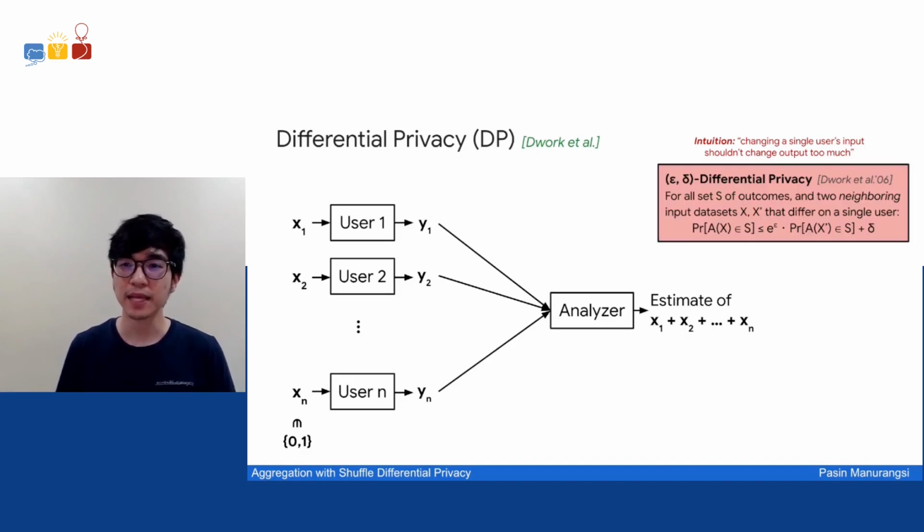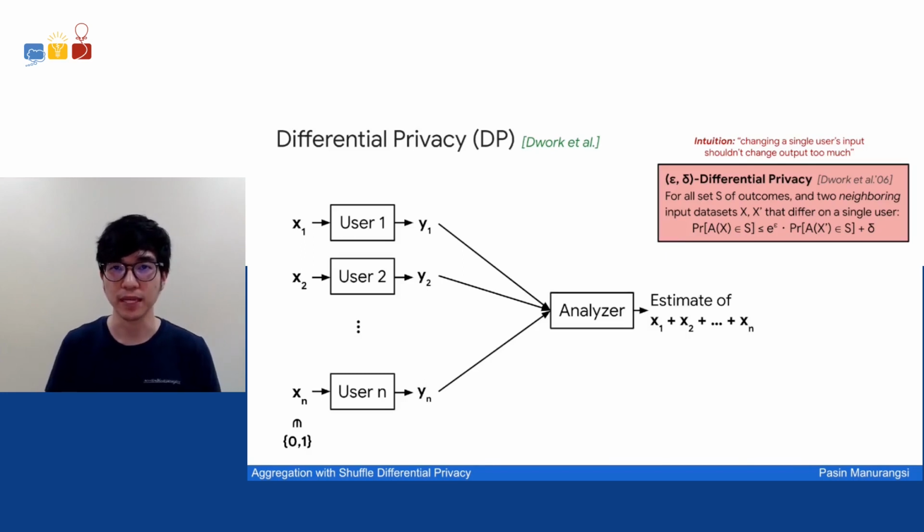This can be captured in the following definition. In this definition, there are two parameters, epsilon and delta. The smaller they are, the more private your algorithm would be.